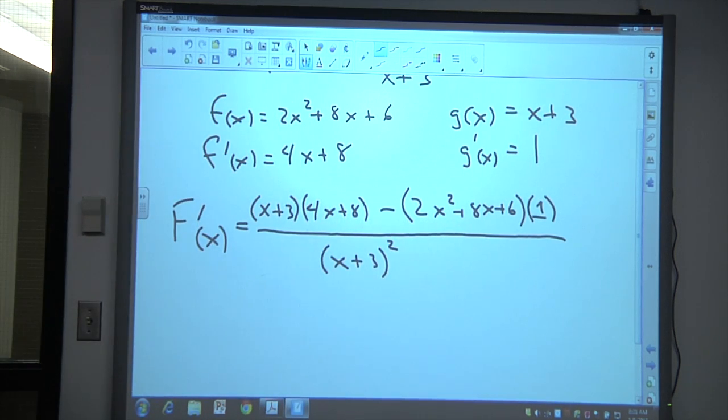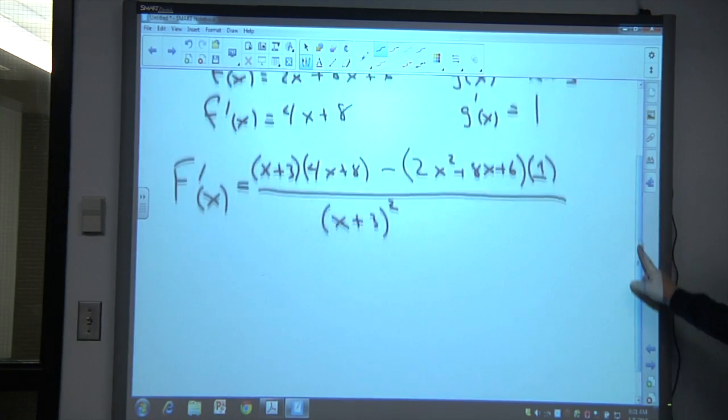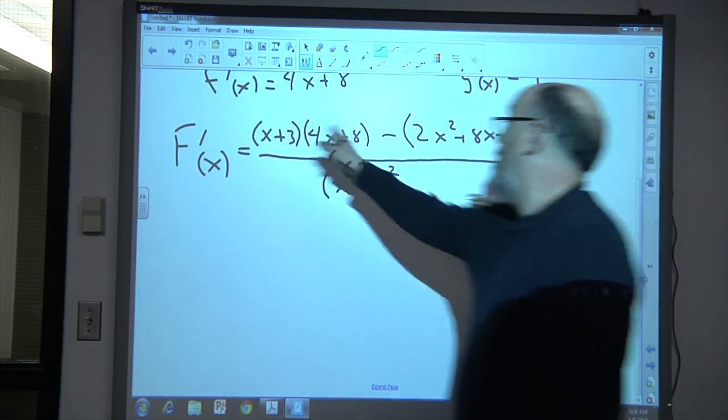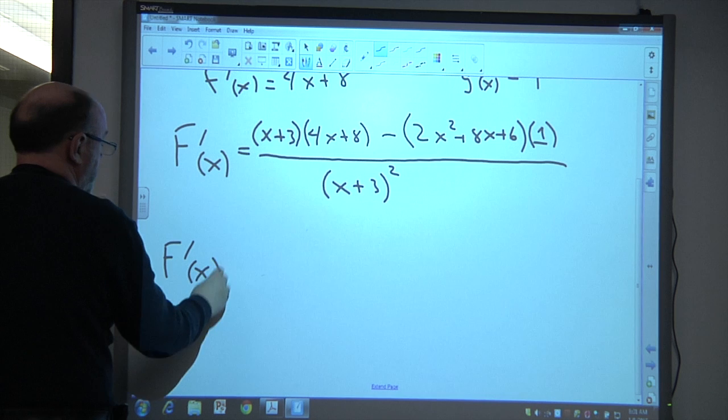So let's actually go through this and simplify this just to prove that we do get the same answer no matter which way we do this. Right? So the first thing we're going to do is take care of doing our multiplying here. So remember that's FOIL method.